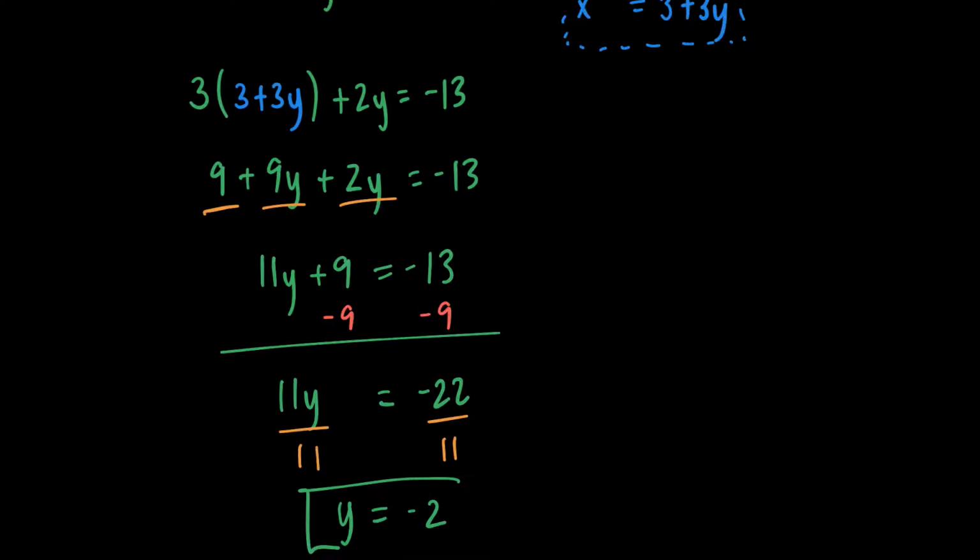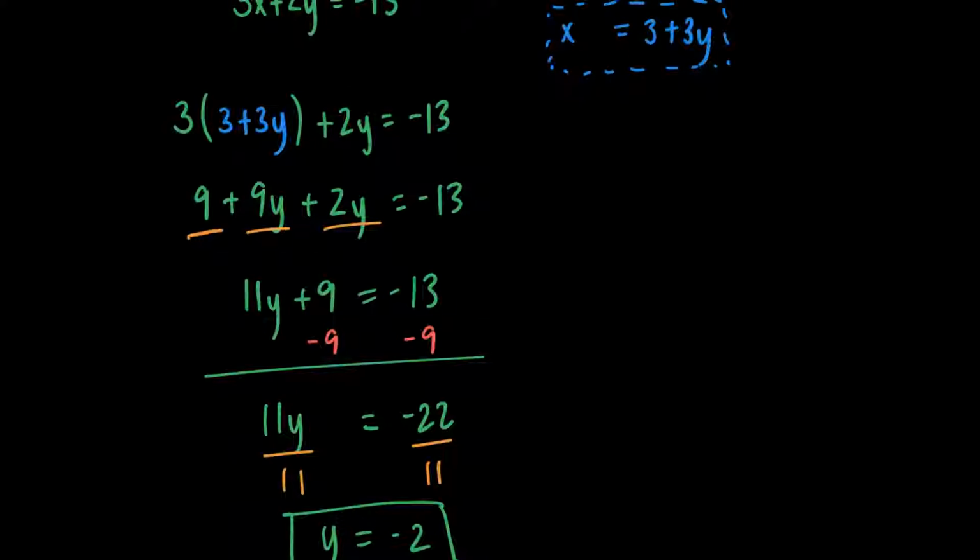And we can have negative solutions. I know we haven't had one yet, and that's why I wanted to do this specific example. Okay, so y is negative 2, so don't freak out if you get a negative solution. That happens sometimes. Let's actually go back. I'm scrolling up just a hair here so that we can see what x was, and now I'm just going to use that information to find what x is.